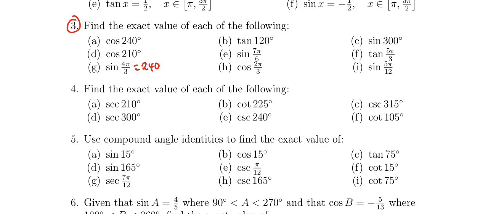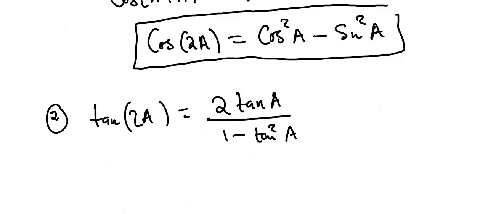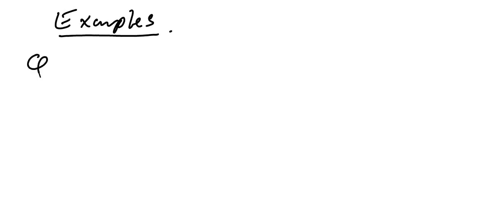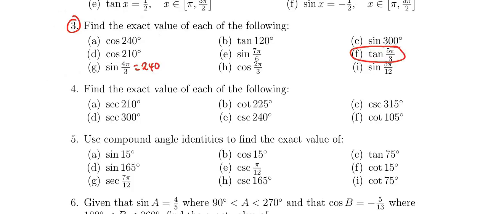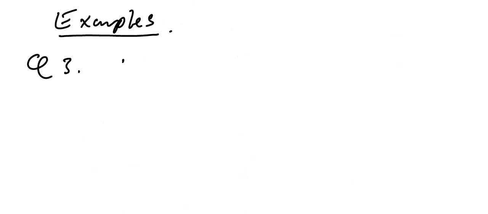So all the questions on number 3 were workable using the initial small rules. Let me just remind us. They want the exact value of this. We're now going to be doing examples. On question 3, I'm doing number F. This is tan 5 pi over 3.